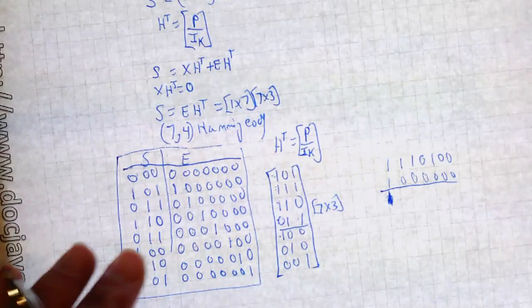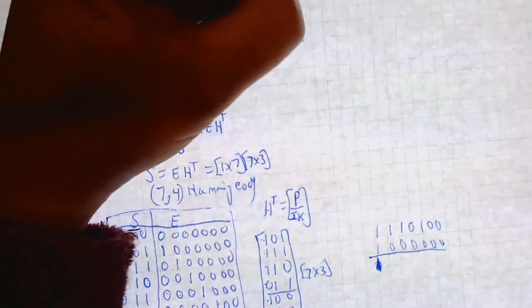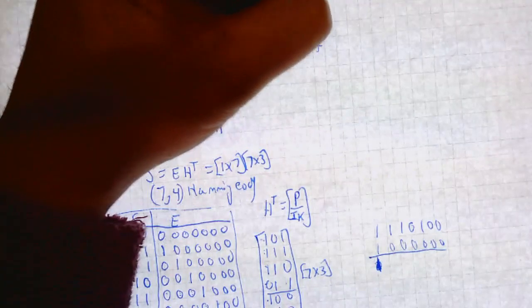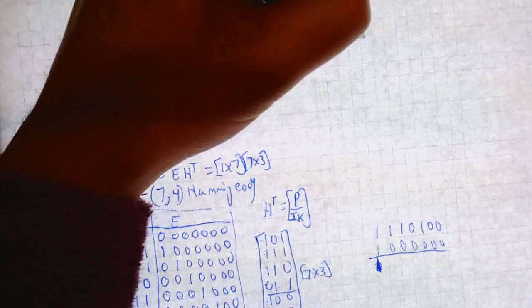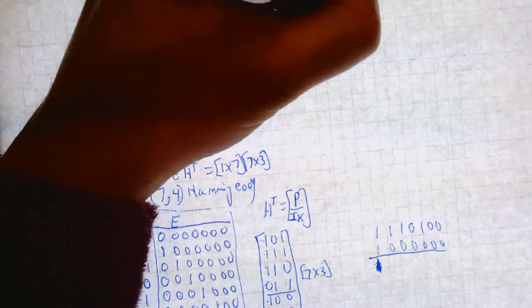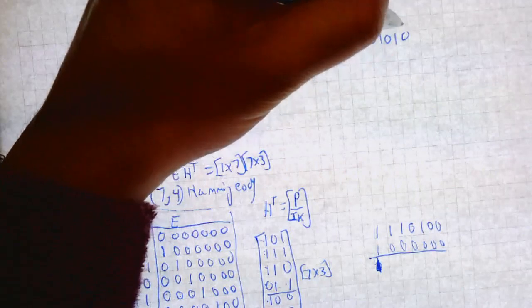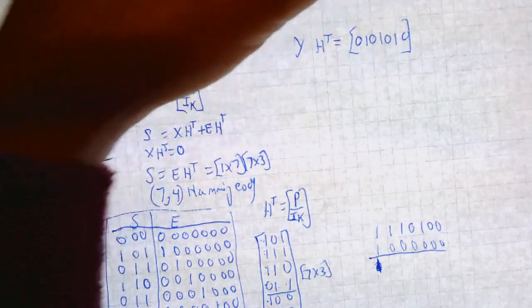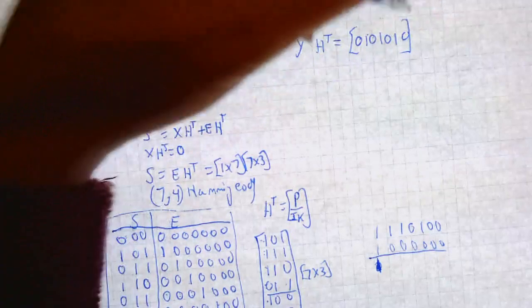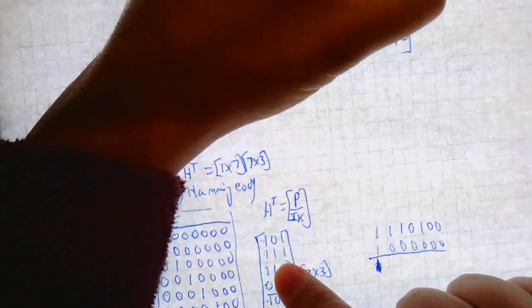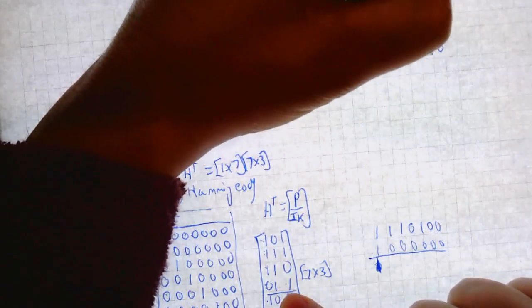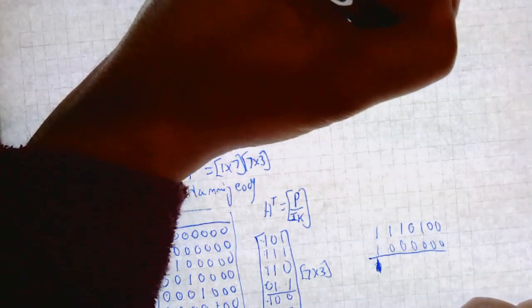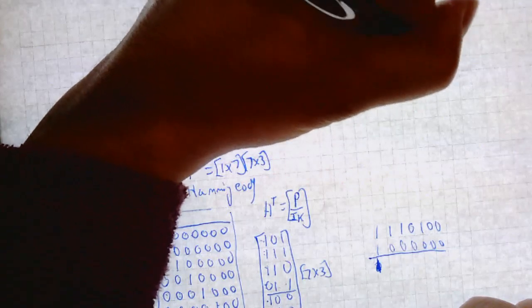Now let's take a look at how we're going to use this syndrome to do an error correction. Let's assume that we want y times h transpose, and we get a number out. And we want to multiply it by, this is what we've received, h transpose, which is down here. And then we put in our K by K identity matrix.